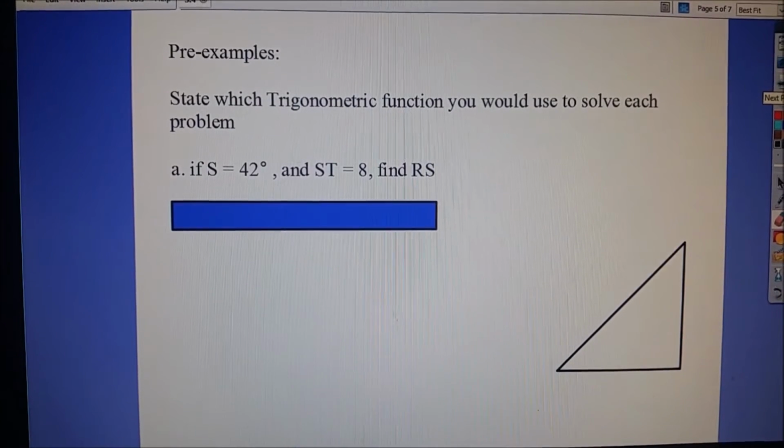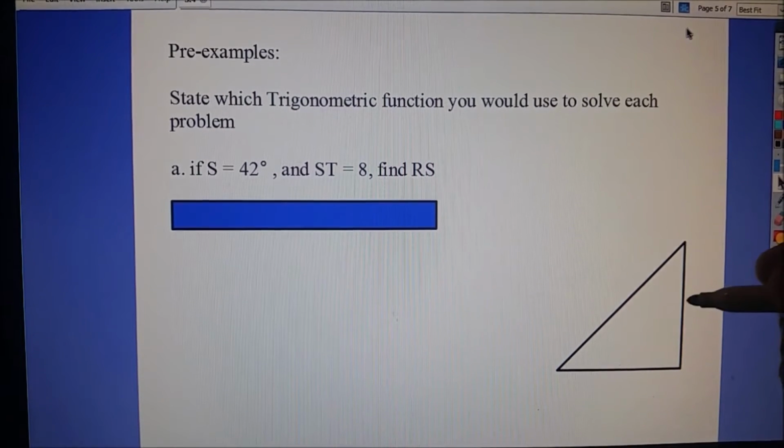Okay, so right here is basically some pre-examples. These are not what you're going to see in the textbook for the homework, but it gives you an opportunity to get ready for what trig functions you might need.